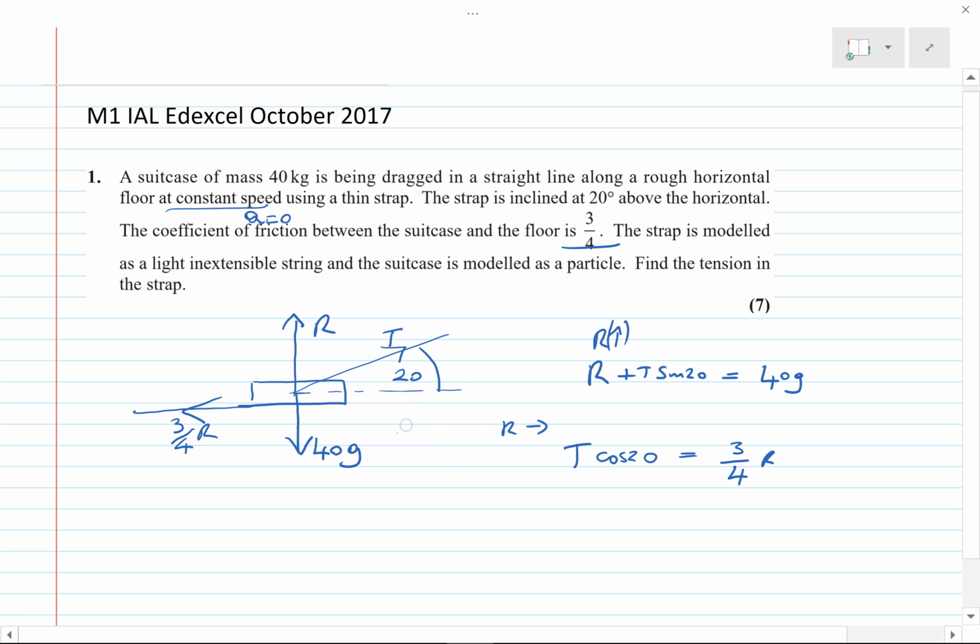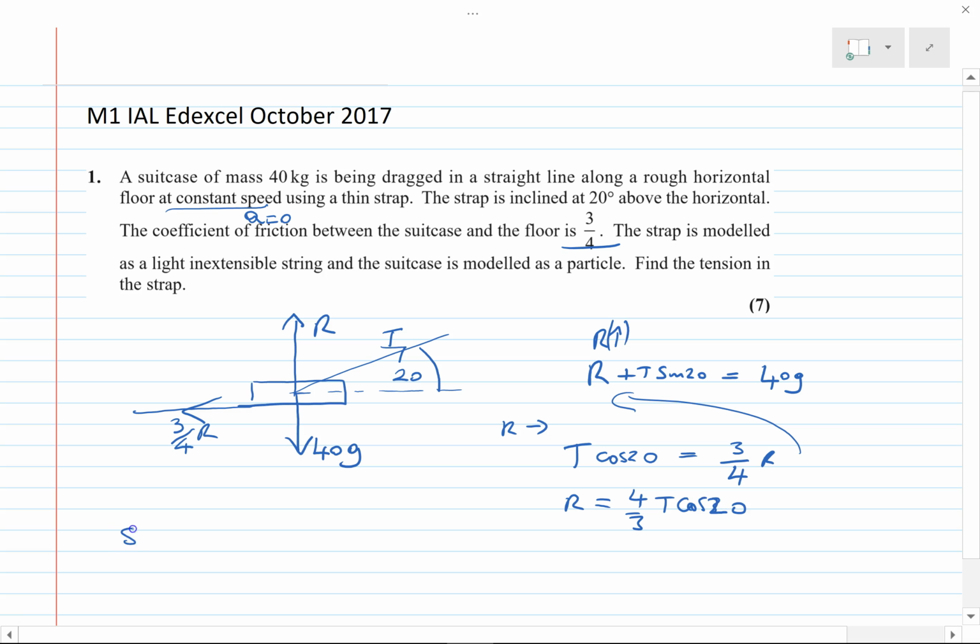Okay, so now it's just a case of substituting for R. What I'm going to do is substitute for R from this one into this one, I think. So we've got R is equal to 4/3 T cos 20.